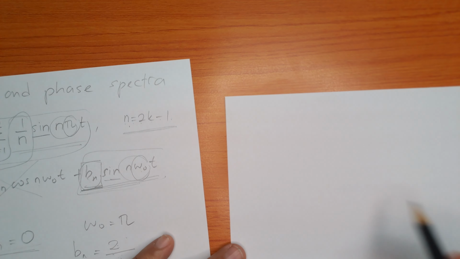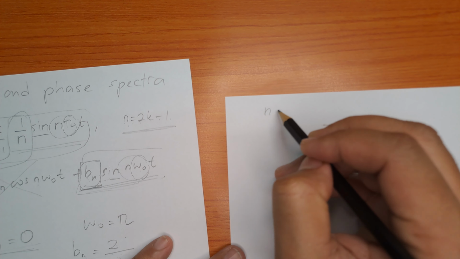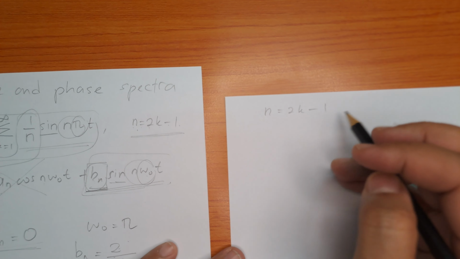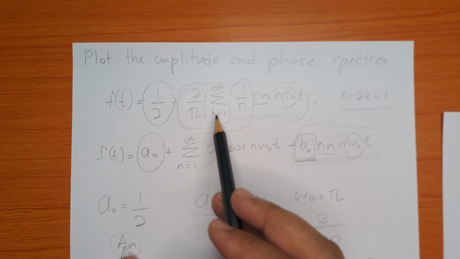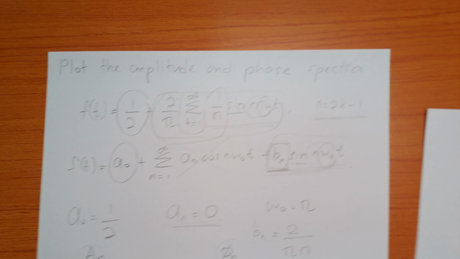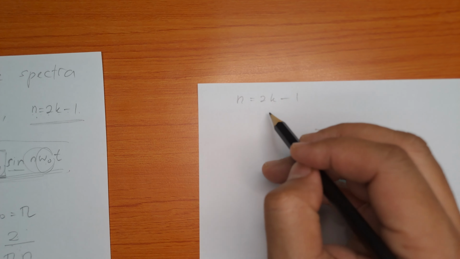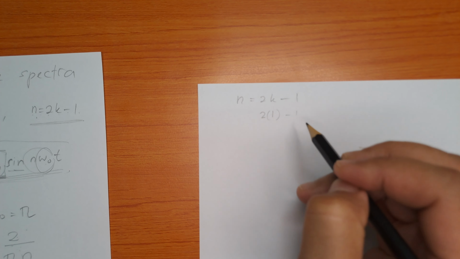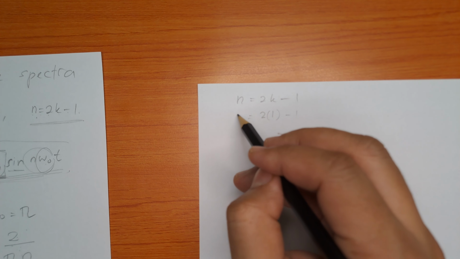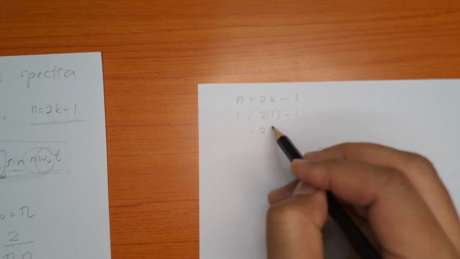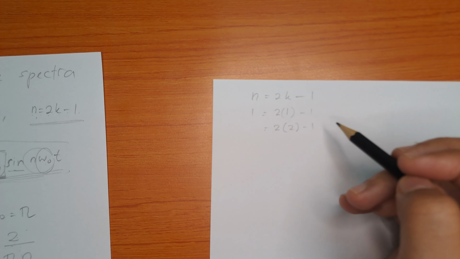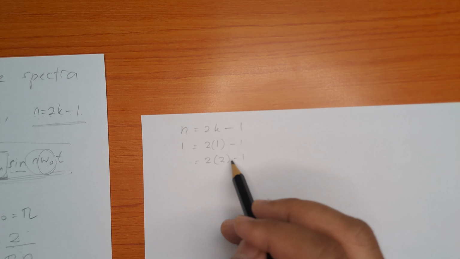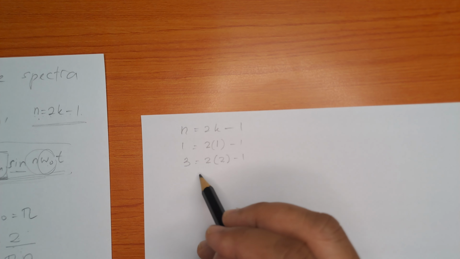So n equals 2k minus 1, where k is from 1 until infinity. For every k value, let's say k is 1, you have n become 1. If k is 2, your n value will become 4 minus 1, which is 3.